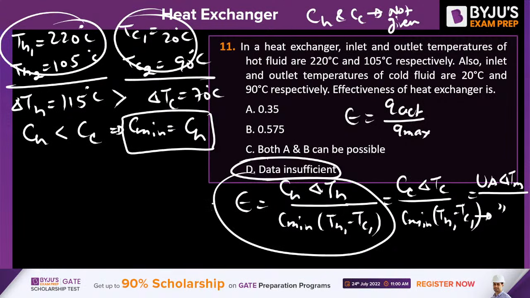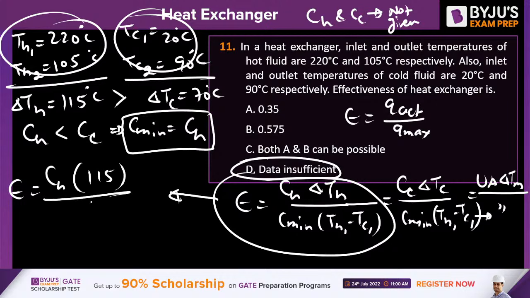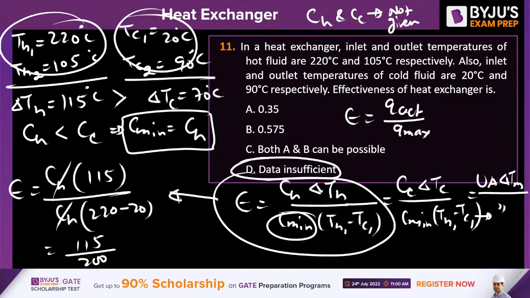Because CH is equal to C minimum, effectiveness will be equal to CH into delta TH, that is 115, divided by C minimum, which is also CH, into TH1, that is 220, minus TC1, that is 20. If you do the calculation, it is 115 upon 200. The correct answer is B. Option B is the right answer.